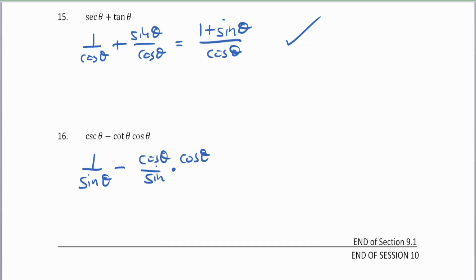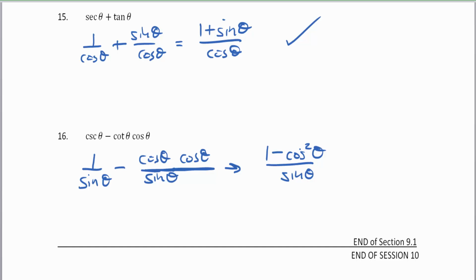Okay, so now since these are multiplied by each other, we can make this a giant fraction like so. And then since we have common denominators, we can now combine the numerator as 1 minus cosine times cosine is cosine squared, which is the same as cosine squared theta, all divided by just sine theta.